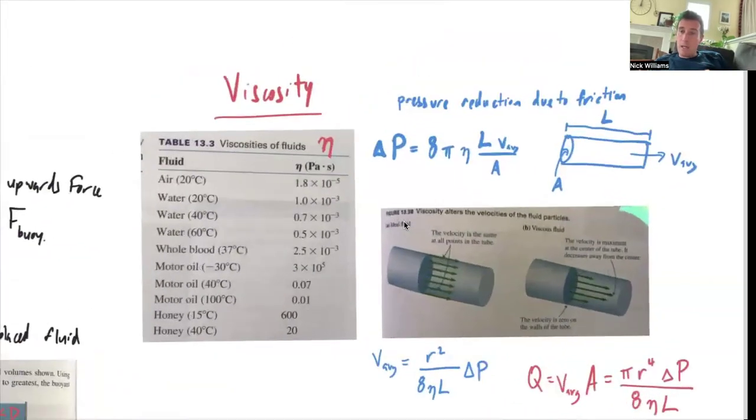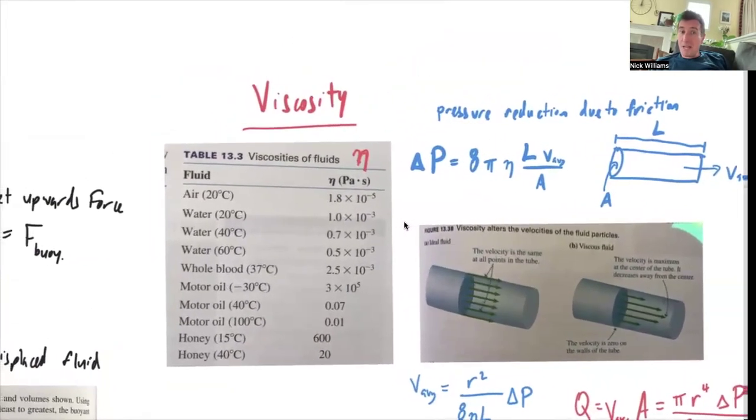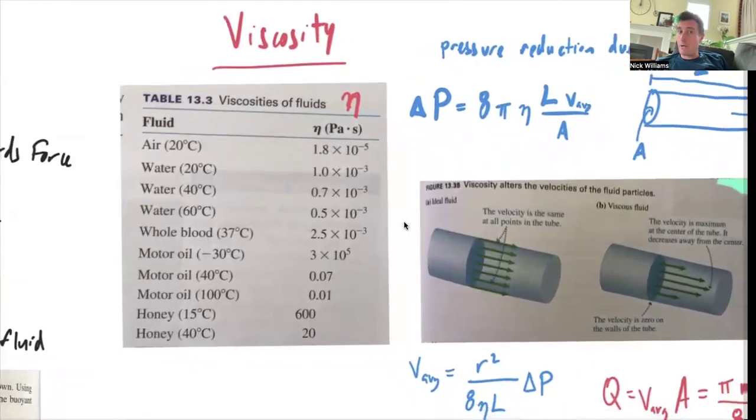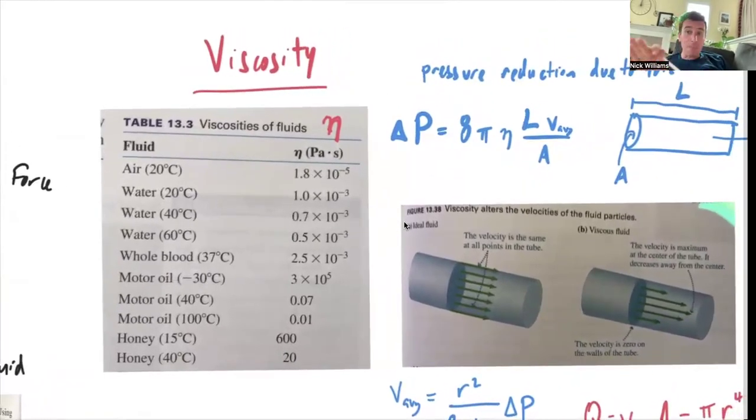All right, last piece. This is not part of the AP exam, but I think it's kind of interesting, so I'm going to throw it in. I'm intentionally skipping all the problems related to this because it's not on the AP Physics 1 exam. But viscosity. Viscosity is thickness or resistance to flow.